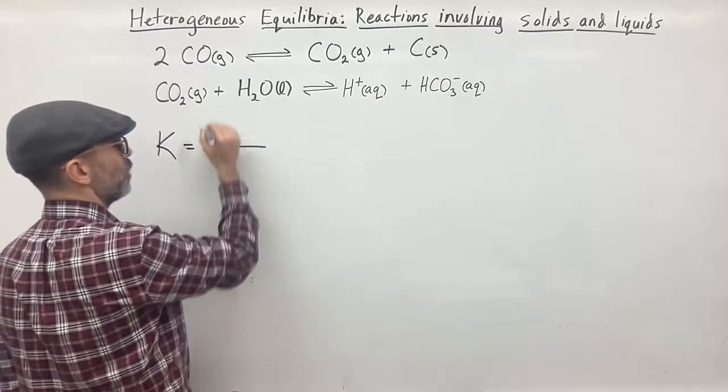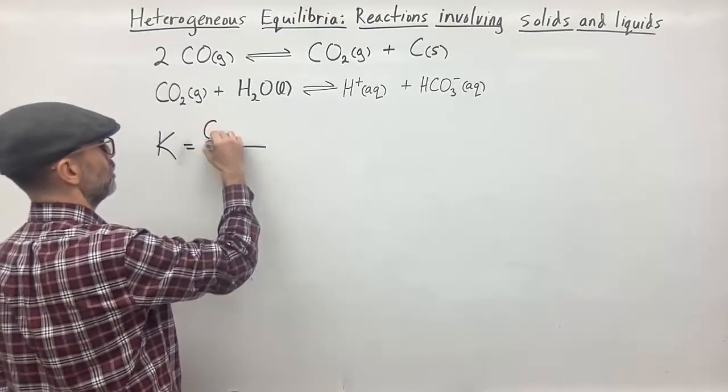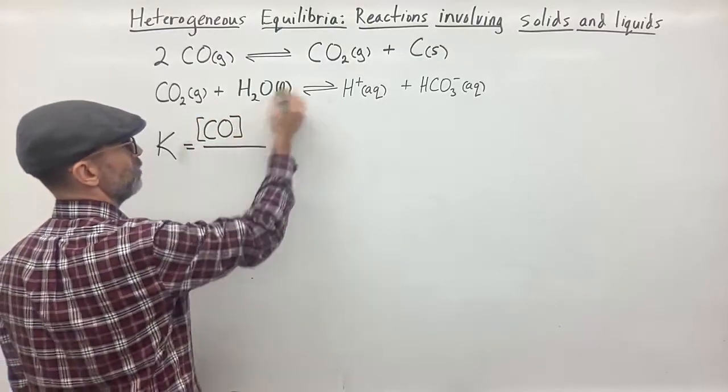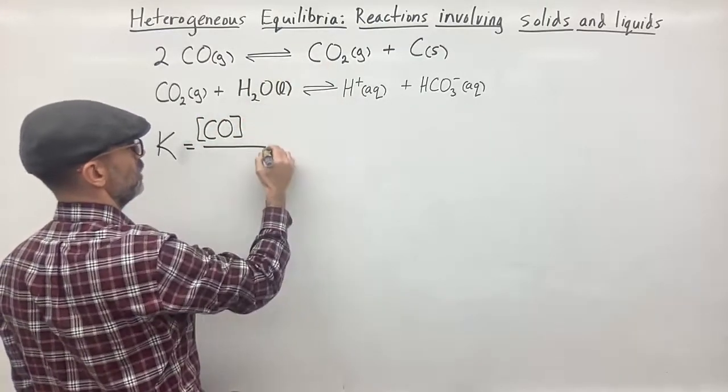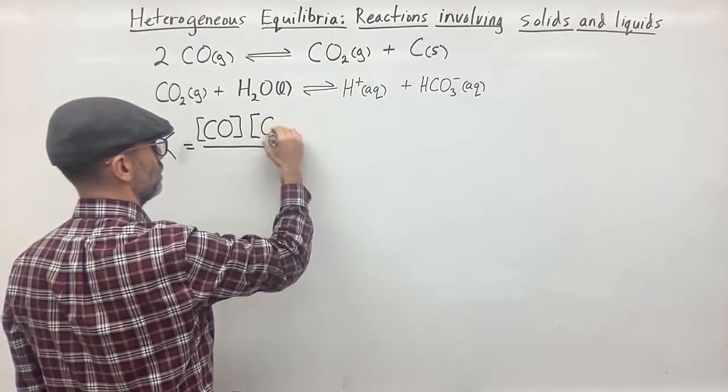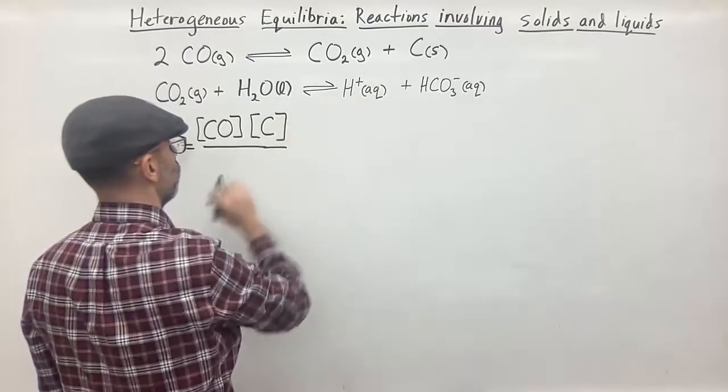So we would write the concentration of CO raised to its power, which is 1, multiplied by the concentration of carbon, which is also 1.